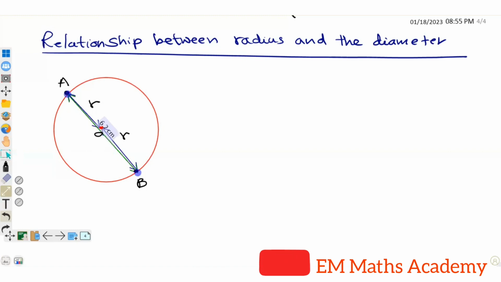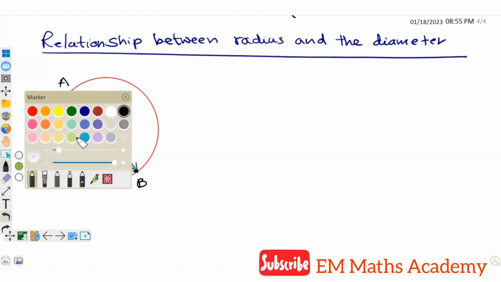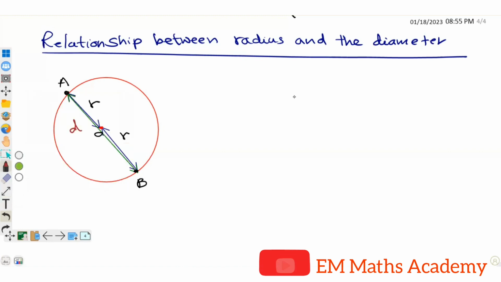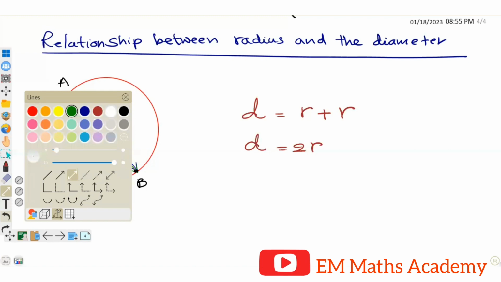Now here it is D. If I consider it as D, then you can see D is equal to R plus R. That means D equals 2R. No? Diameter is 2 times R, two R's added together.